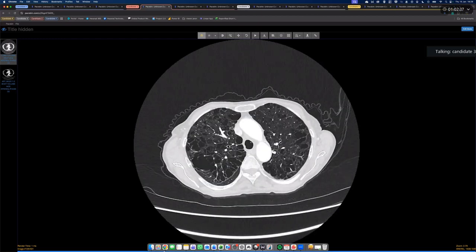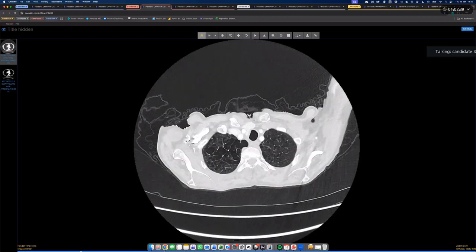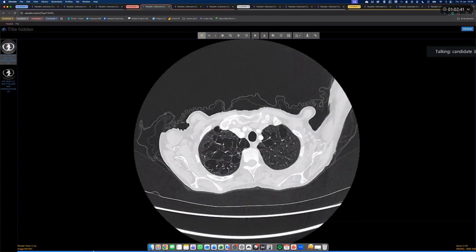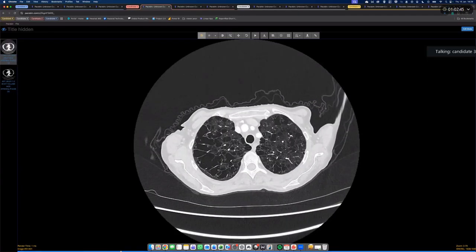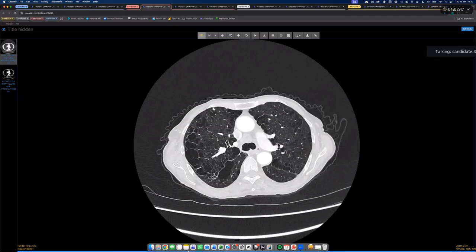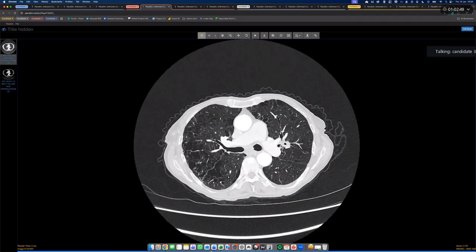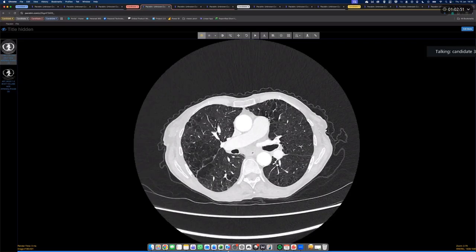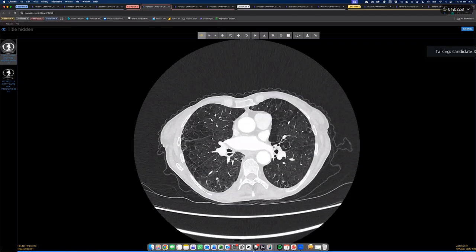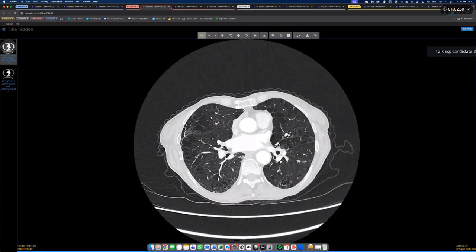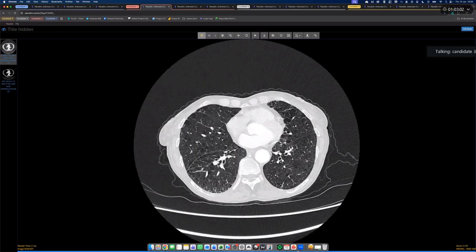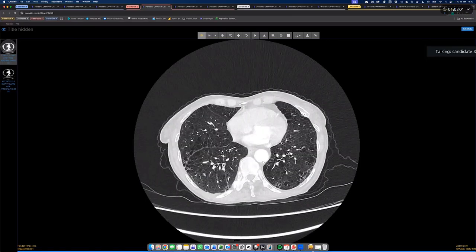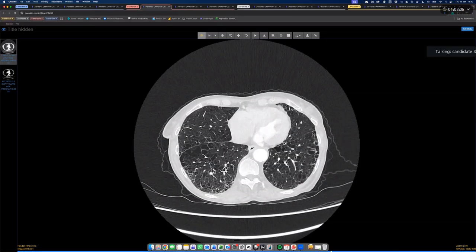On the lung window images, there are paraseptal as well as centriacinar emphysematous changes in the bilateral upper lobes. I'm trying to look for any lesion within the lung parenchyma, because there are severe emphysematous changes.